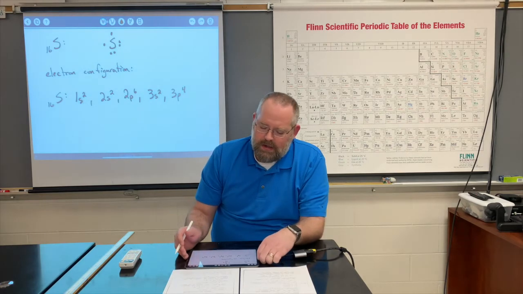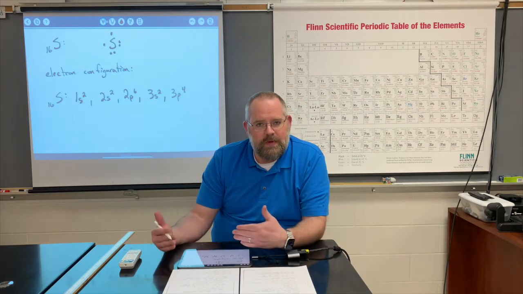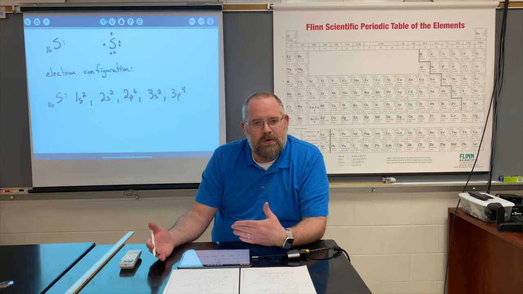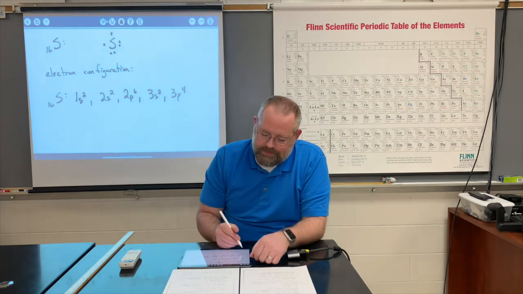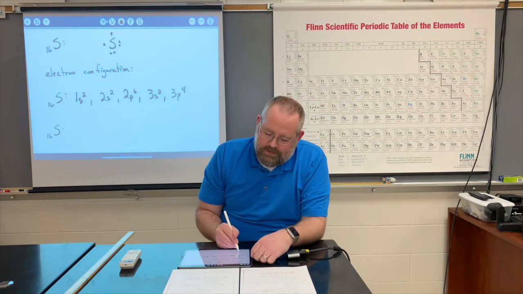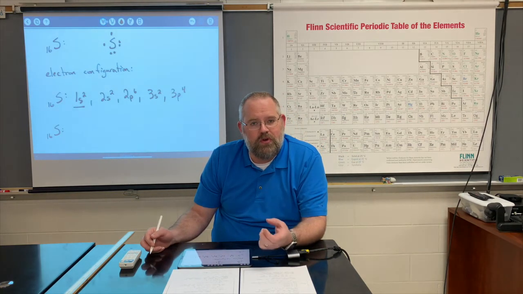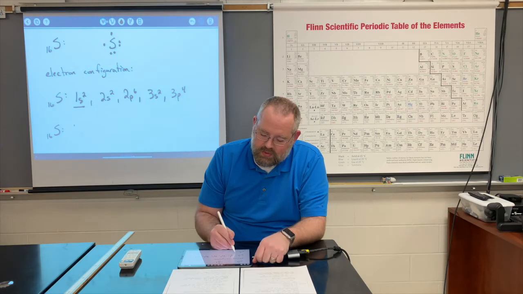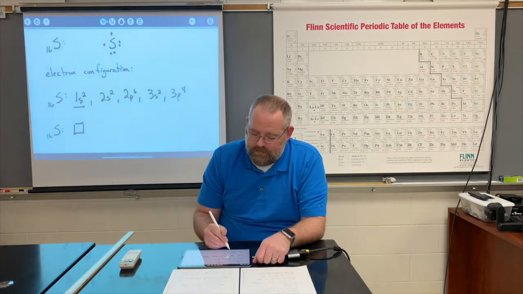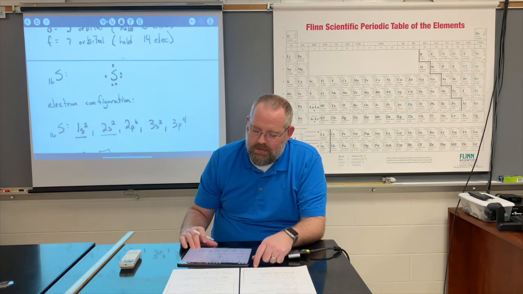Okay. Now let's use this information to talk about our orbital notation. So the first thing, we have an S subgroup, so we're going to draw an orbital box. S has one orbital, remember?